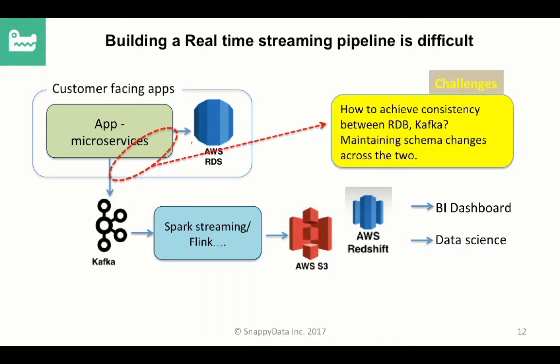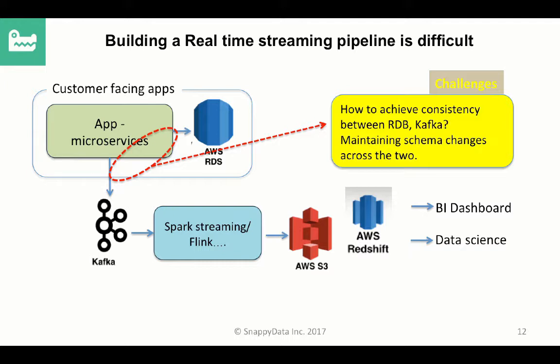Well, there are a number of challenges here, right? First, how exactly can we achieve consistency if we're going to write as transactions happen both to Kafka as well as to our database? To achieve consistency, you have to worry about two-phase commits, and you have to worry about various failure conditions. Moreover, what happens if you end up changing the schema in one? You have to consistently change the schema in the other, else you again potentially end up with inconsistent data in our analytics store.